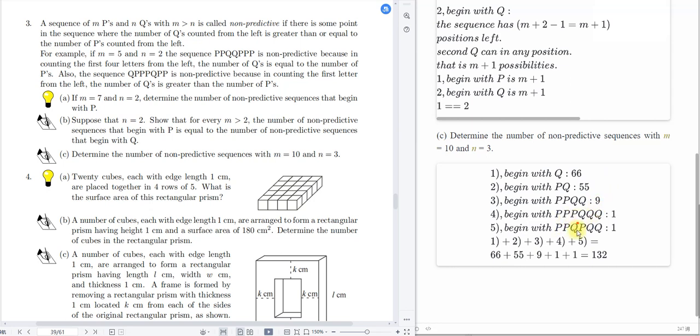Okay, if we have 4 P's, since Q is 3, that won't be non-predictive anymore. So I think we've already discussed every possibility. If this one changes to Q, it is this one. If this one changes to P, it becomes case 4. So it's the only possibility.